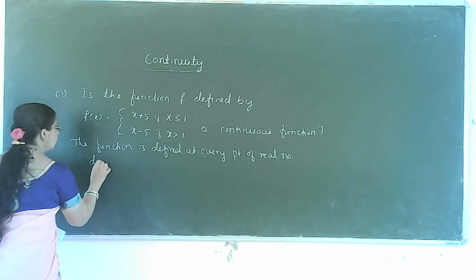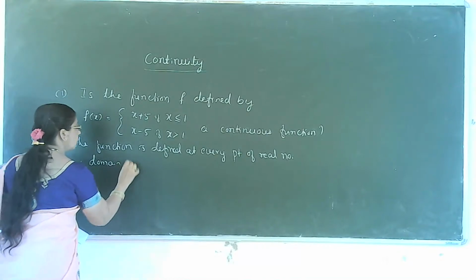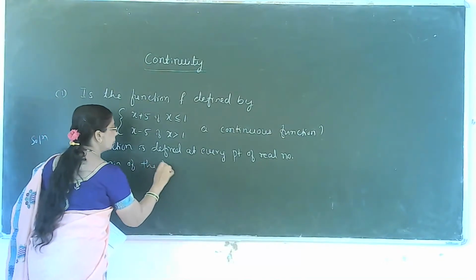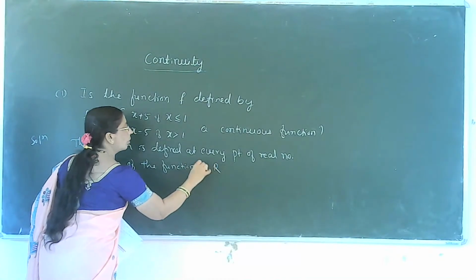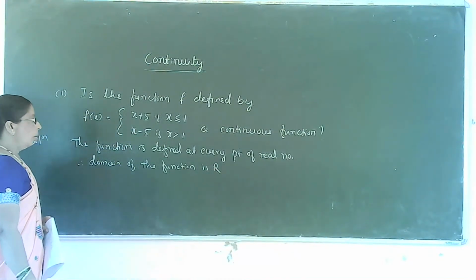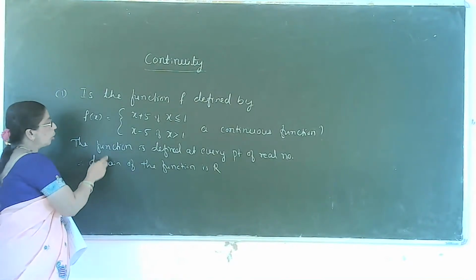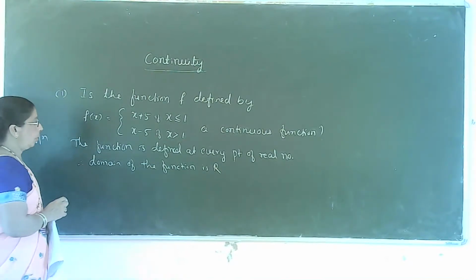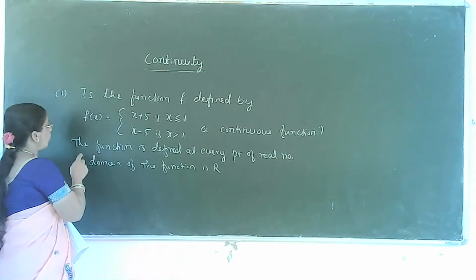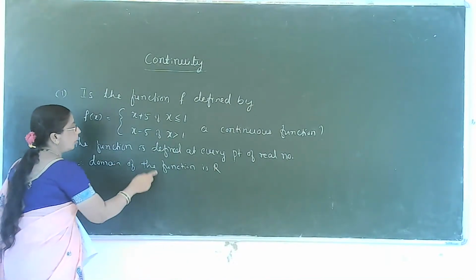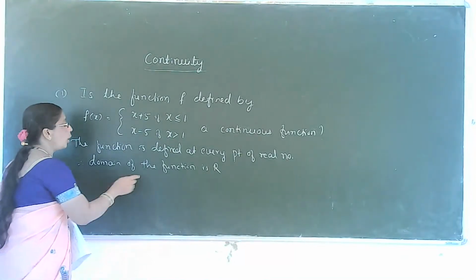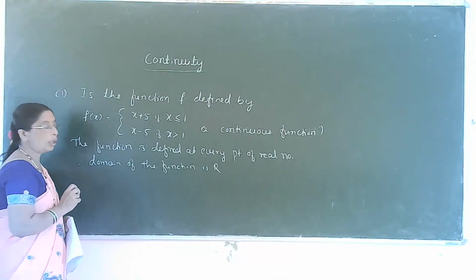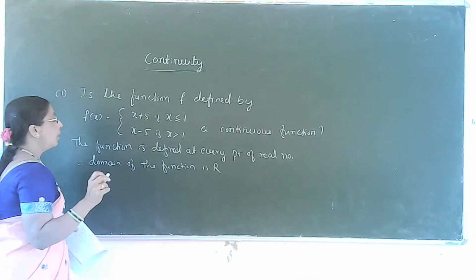Domain of the function is R. You should go through every step of the problem. First, you write the function is defined at every point. Then write the domain of the function.